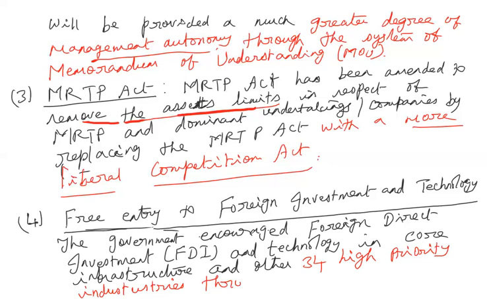That is the meaning of this. Industries through automatic route. That means automatically the foreign investment will be approved by the government. So through automatic route, in some of the industries it is 26% foreign direct investment.